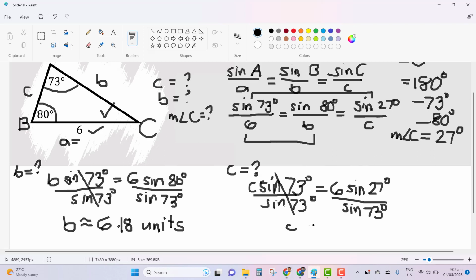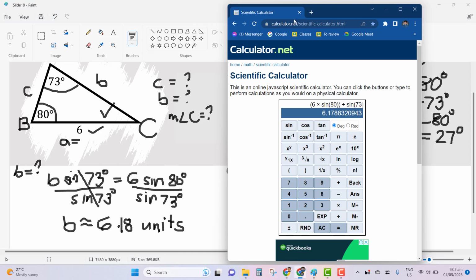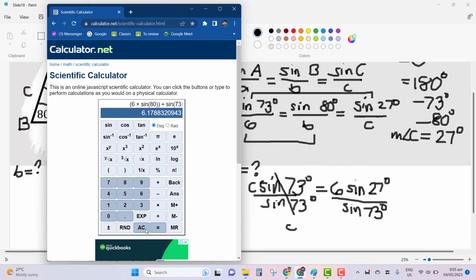So C is simply the result of this entire expression. Let's use this calculator. And again, we will use appropriate parentheses to separate numerator expressions and denominator. You will have 6 sine 27, close, close, divided by sine 73 degrees.